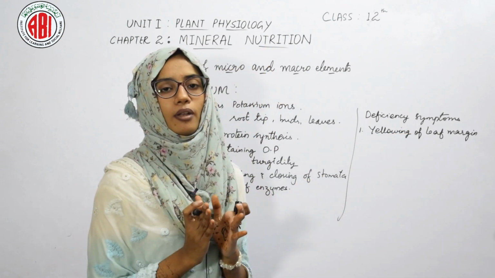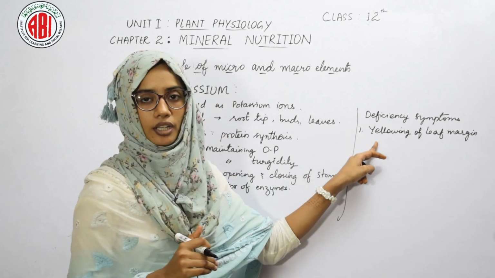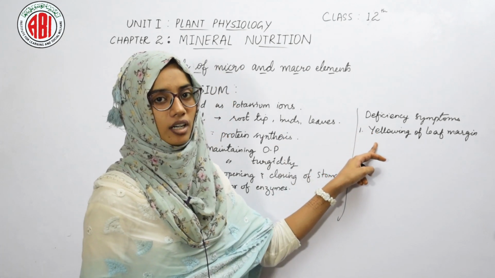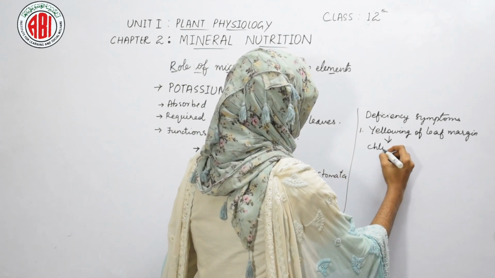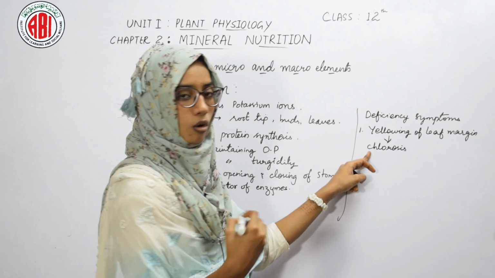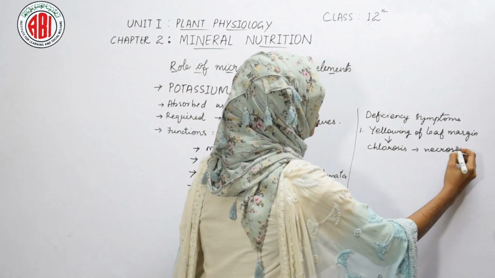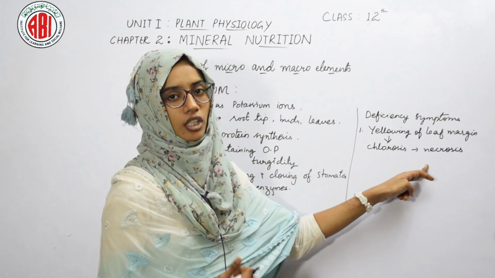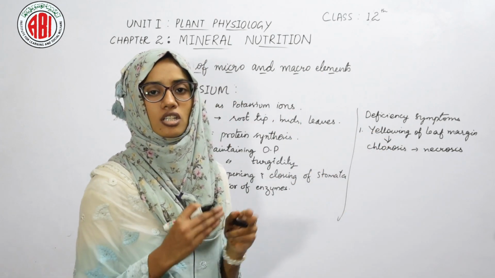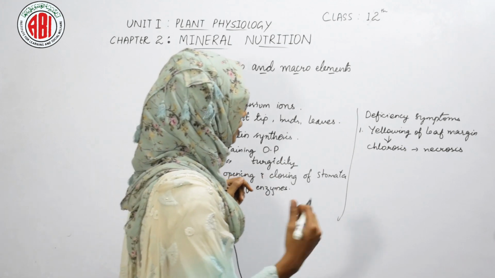The whole leaf may not become yellow, but the leaf margins can become yellow in color, especially in the older leaves, and this yellowing of the leaf margins is termed chlorosis. Also necrosis can be seen due to the deficiency of potassium. Necrosis is the death of the tissues. So due to the deficiency of potassium, the death of the tissues can also take place, which is called necrosis.